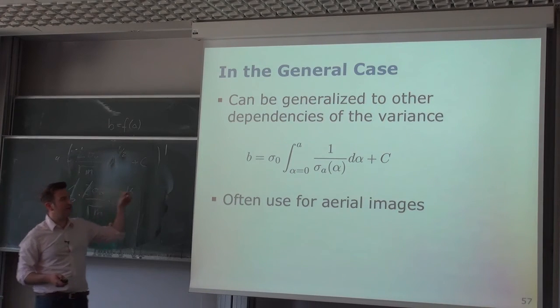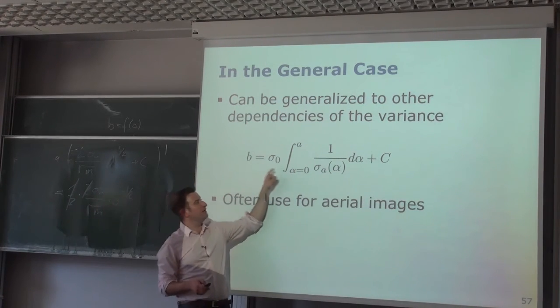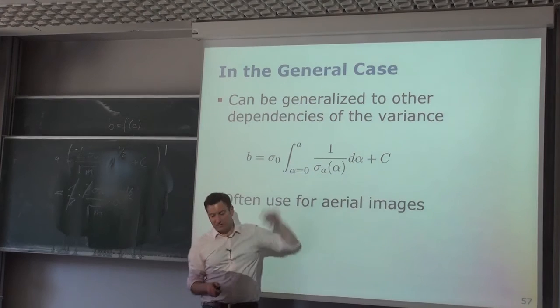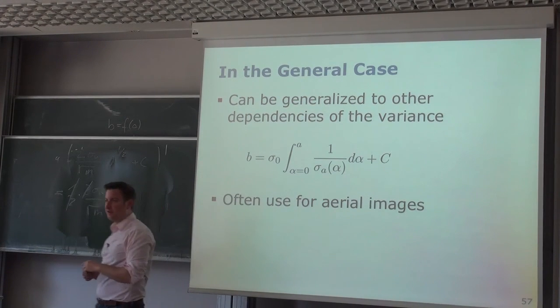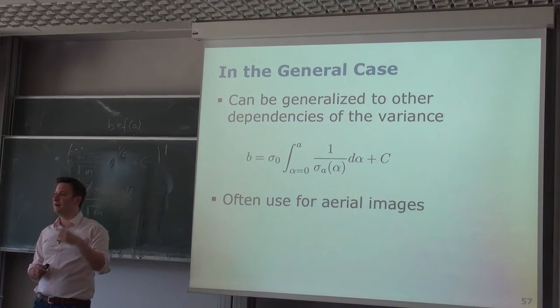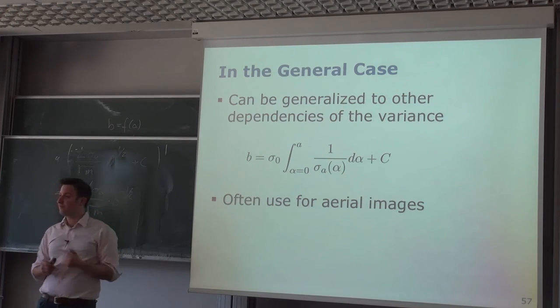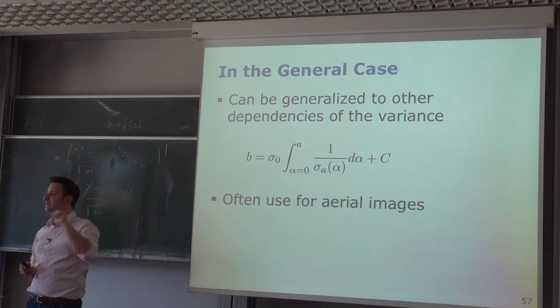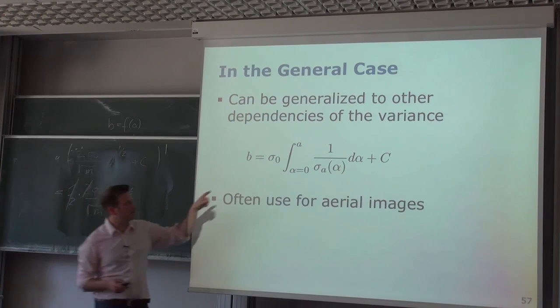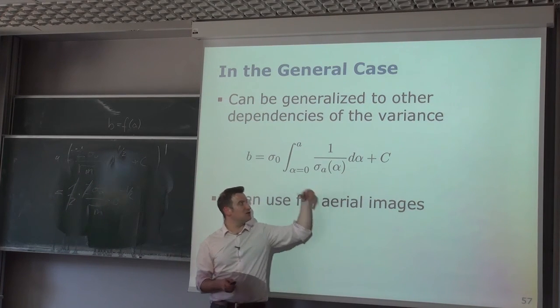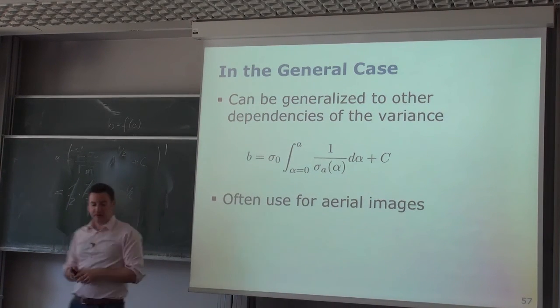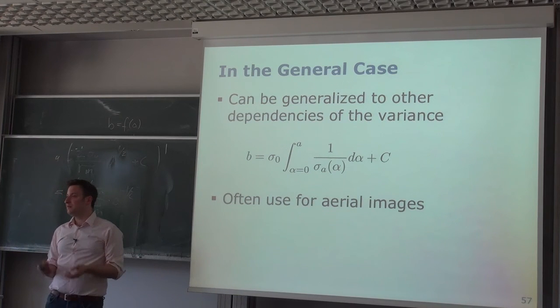I can also do that in the general case. I don't need to have this kind of simplified form. If I have a more complex model for the variance of my intensity values, so not m times a, then the expression gets a bit more complicated. I have a general function over here, and then I need to integrate this more general function.